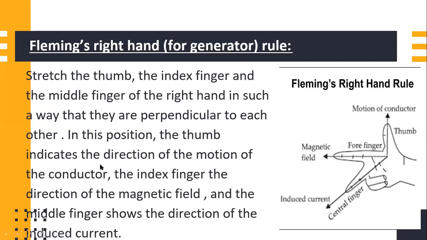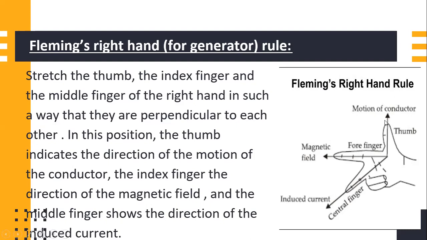In this position, the thumb indicates the direction of the motion of the conductor, the forefinger indicates the direction of the magnetic field, and the middle finger indicates the direction of the induced current. This is called Fleming's right hand rule.